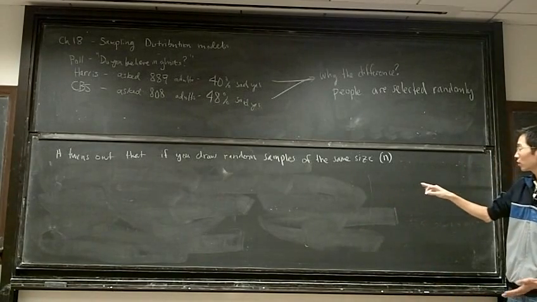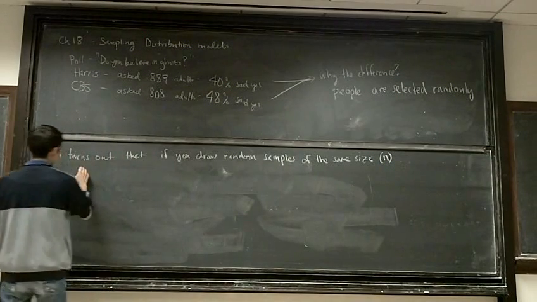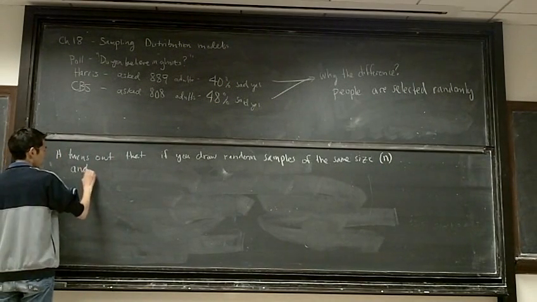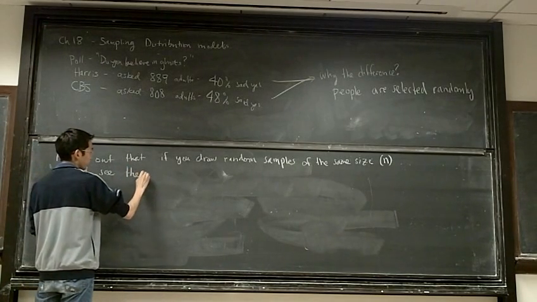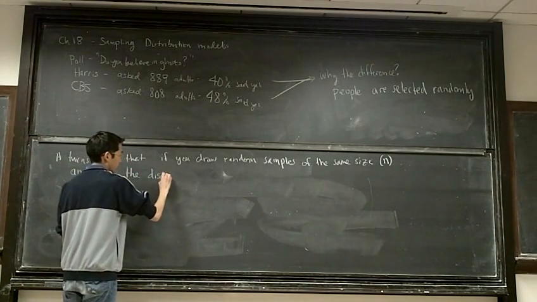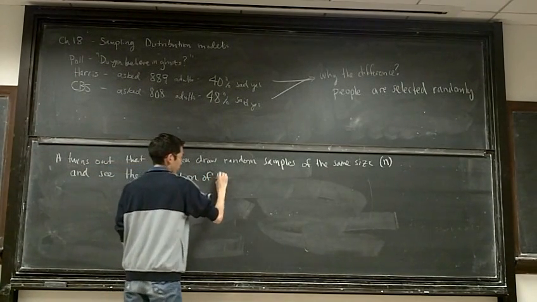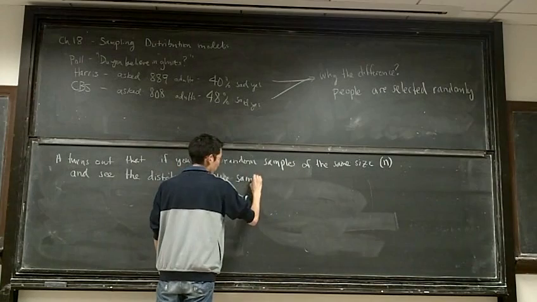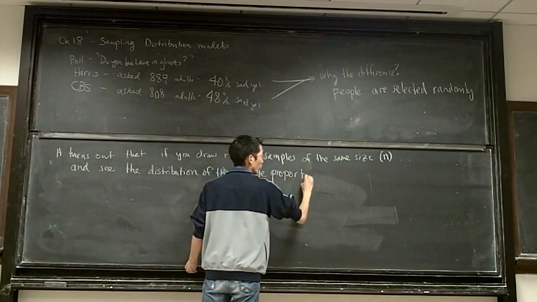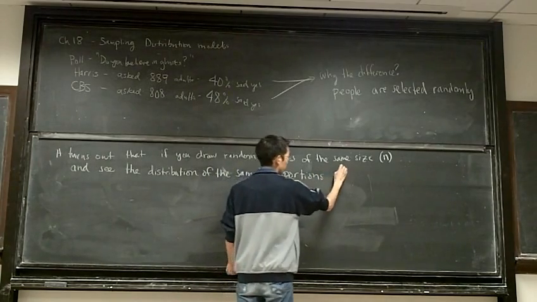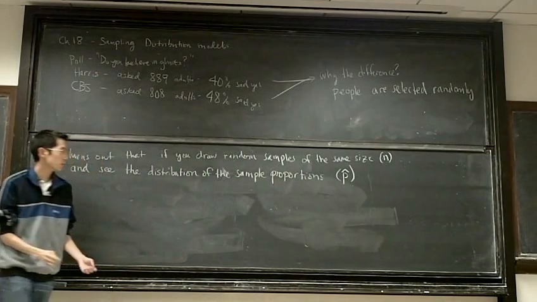It turns out that if you draw random samples of the same size and look at the distribution of the sample proportions, which we're going to call p-hat.